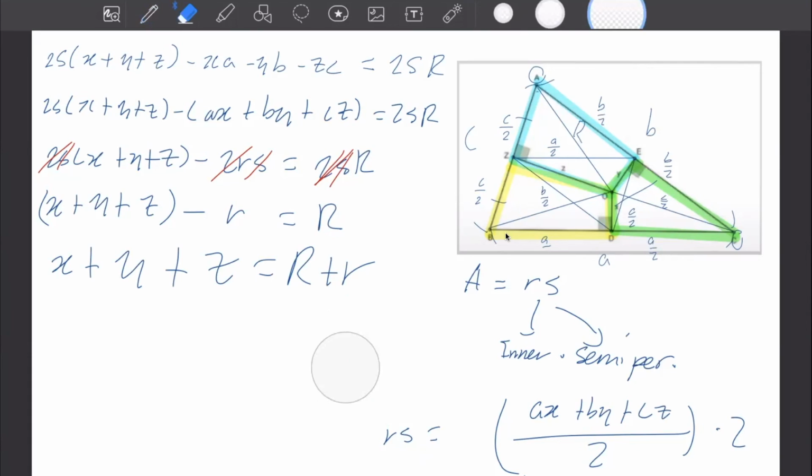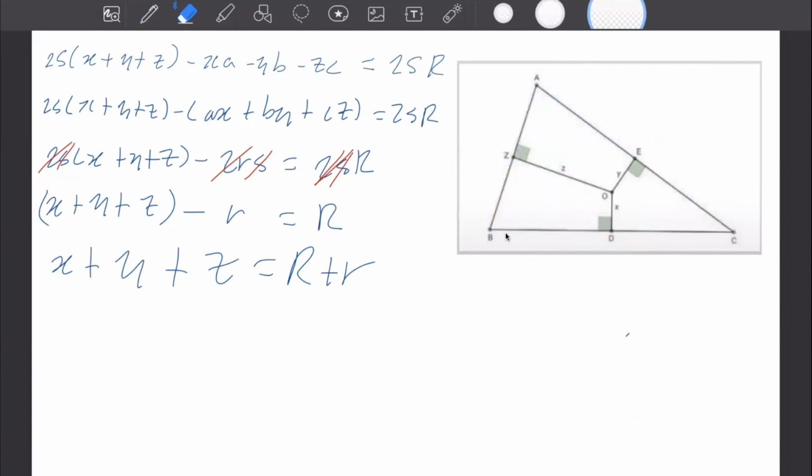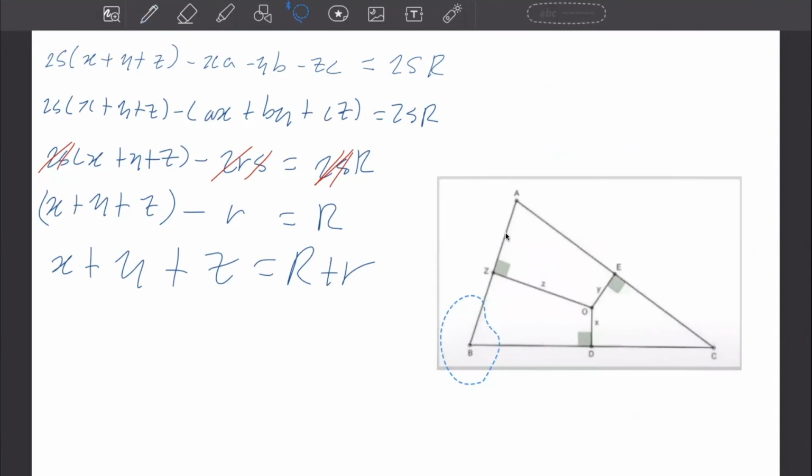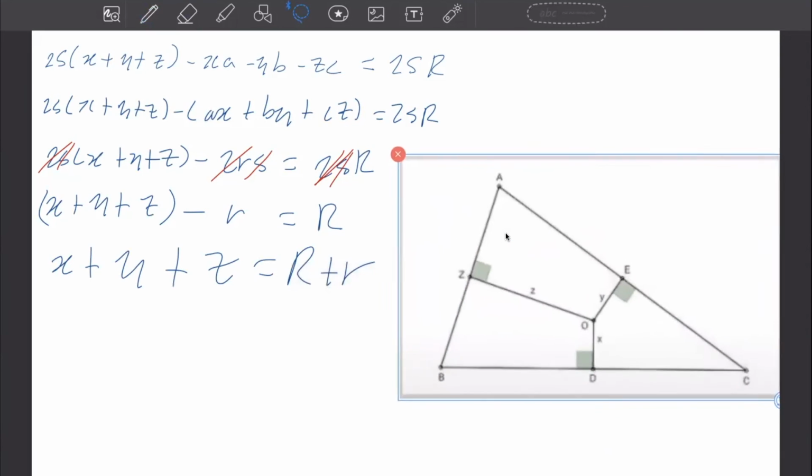Now, to put this in a drawing, let's magnify this up, and let's make this more clear. Resize, make it bigger.